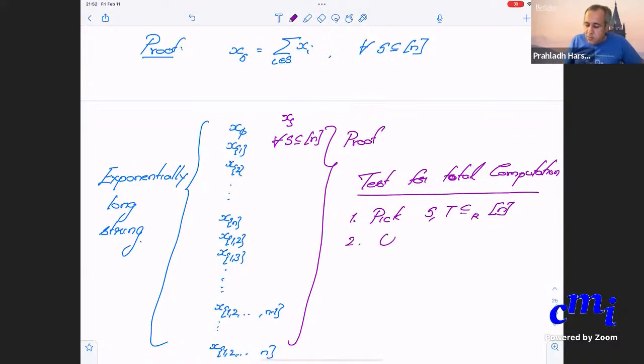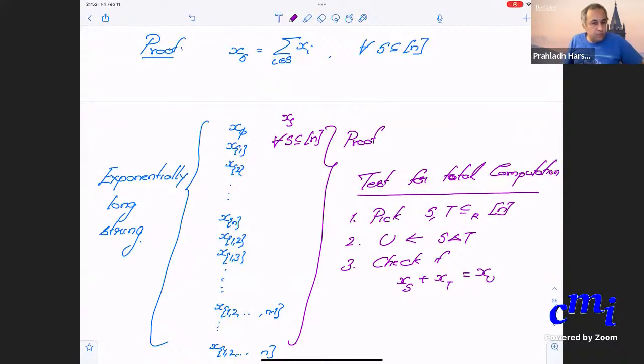Then set U to be the symmetric difference of S and T. Then I will query the proof only at the locations S, T and U, and I'll check if xs plus xt equals xu.